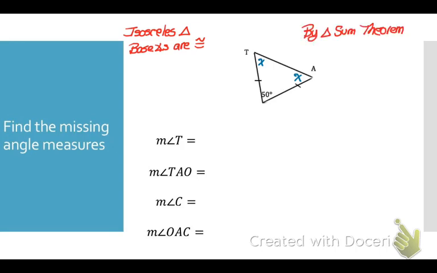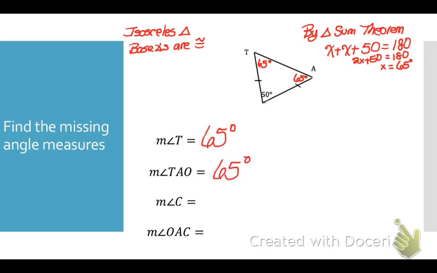And then by the triangle sum theorem, I know that if I add all three of those angles up, x plus x plus 50 has to give me 180. If I solve that, I get that angle TAO is 65 degrees. So I think I put that in my notes. Yeah. And angle T has to be 65 degrees.